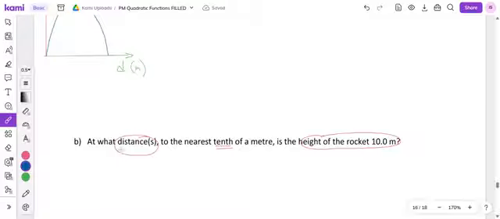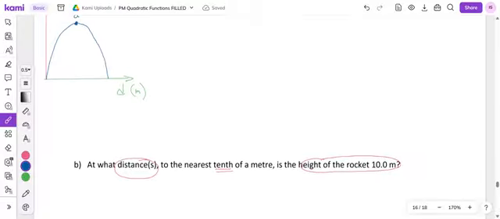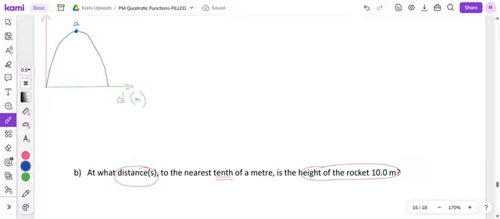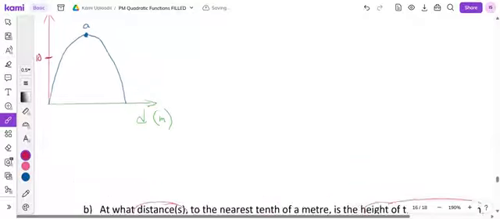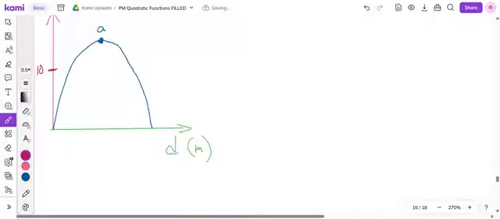Question B, at what distance to the nearest tenth of a meter is the height of the rocket at 10 meters? What that means is, okay, somewhere here, we've got 10 meters. How many times is the rocket going to be at 10 meters? 2 times, right?